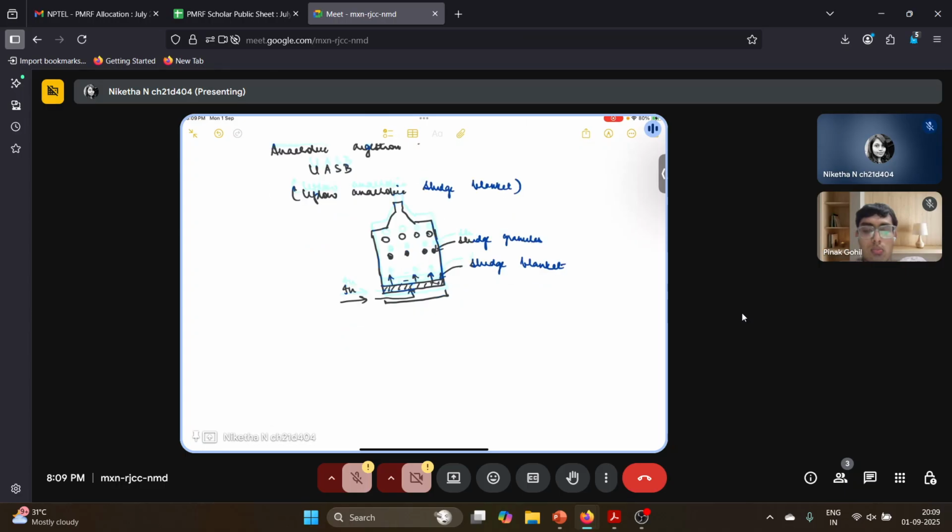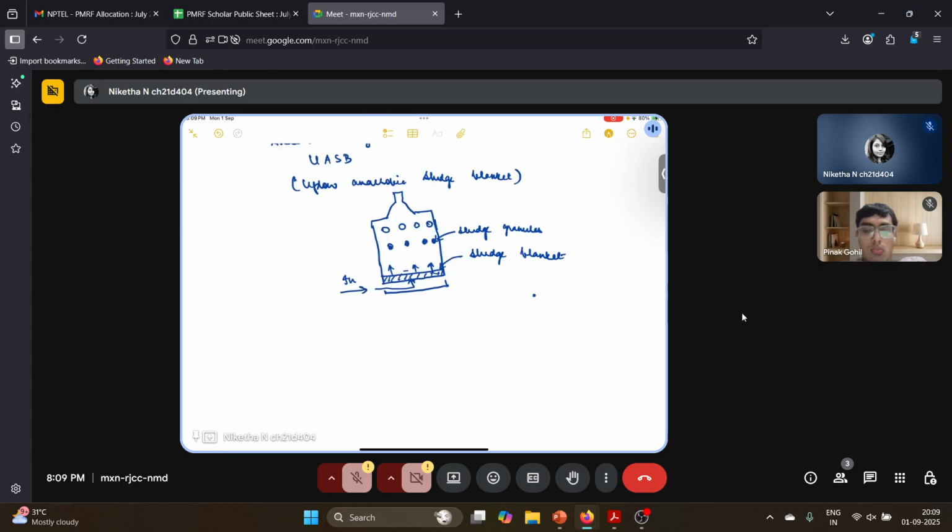So sometimes it will have solid particles, maybe like grit or sand. So over this, a layer of dead bacterial cells will get collected. So over time, more and more bacterial cells will get collected on top, and it will form a hard granule. So sometimes on the surface of the sludge granule, there will be live bacteria also.